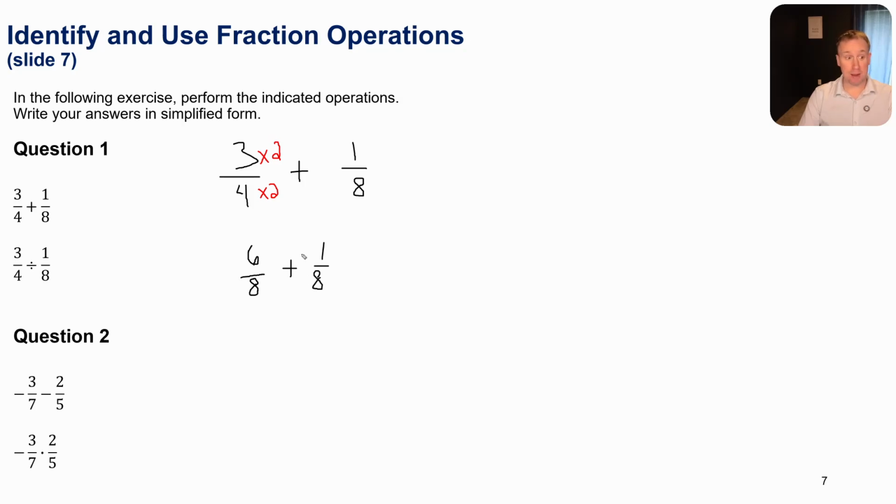I then add my numerators, 6 plus 1, which is 7, and I keep the same denominator, which is 8, so 7 over 8. I then ask myself, can I simplify this? Well, I can't simplify this, right? There's not a factor that is going into both 7 and 8, right? So this is as far as I can go.